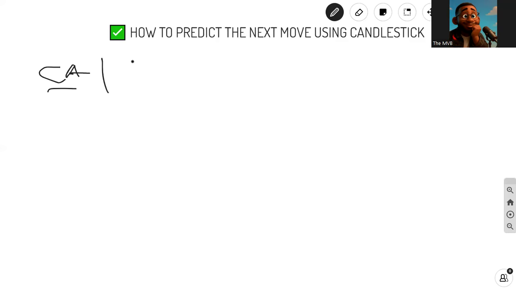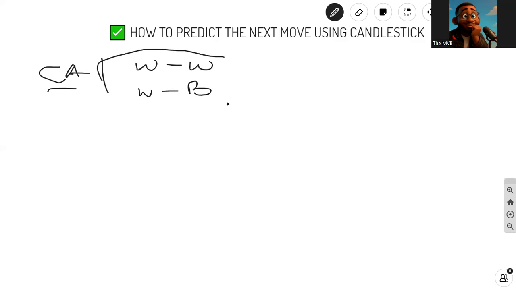Now, there are two things when we are looking about candlestick breaks. We are looking about the wick to wick breakout, and we are looking at the wick to body breakout.